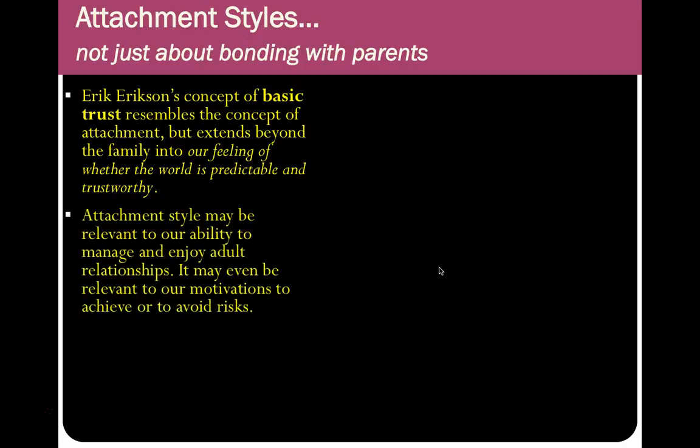A satisfactory, secure attachment is sort of necessary in that critical period in the first year if we're going to be able to go out there and trust that the world is predictable and trustworthy. And that stays with us.